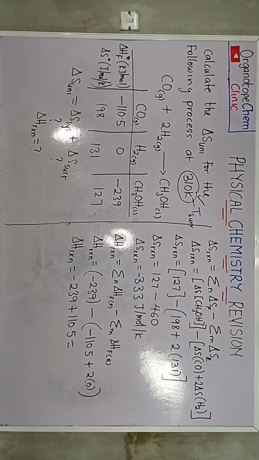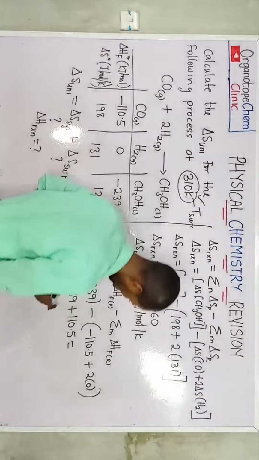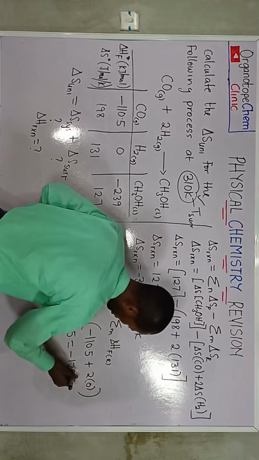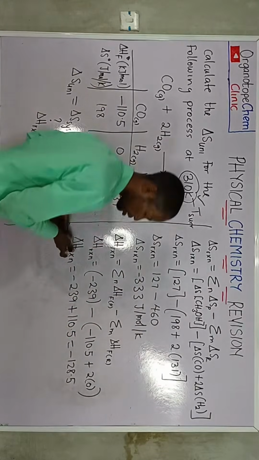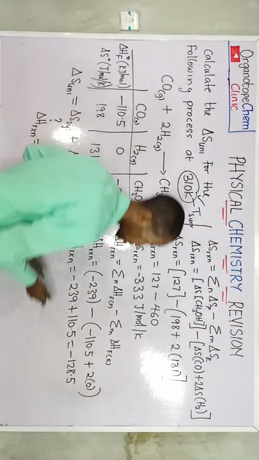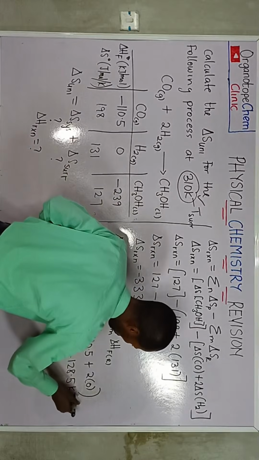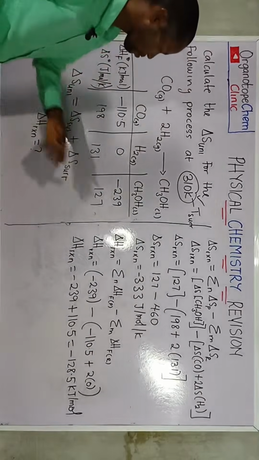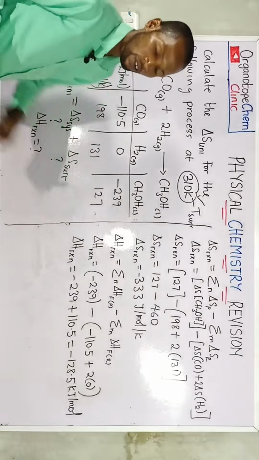Yes, okay. Minus 128.5. So when you add this together, you have minus 128.5. What is the unit of the enthalpy? We have kilojoule per mole. Is that taken? So we have the value for the enthalpy of reaction.